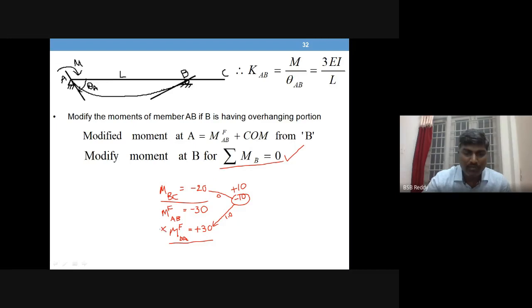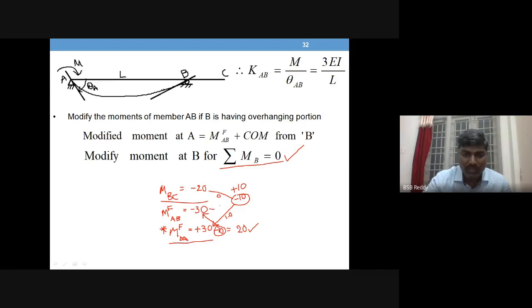Which means MFBA will be modified. For a value of plus 30, you are going to add minus 10. That makes this plus 20, and MBC minus 20, total together is 0. So once you change this value by adding minus 10, it is equal to plus 20. This is the modified moment. Now this minus 10 that is applied at B shall be carried to the far end, which is A, as half of the value.